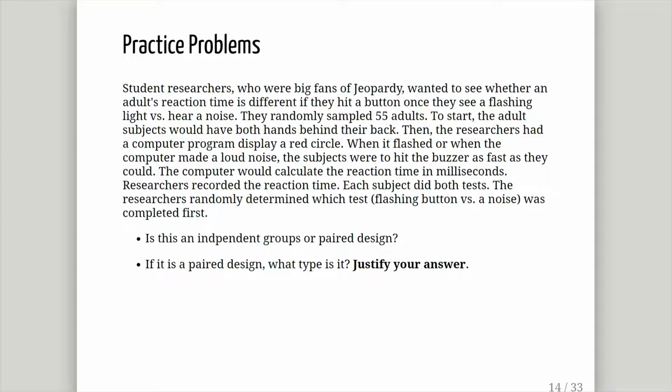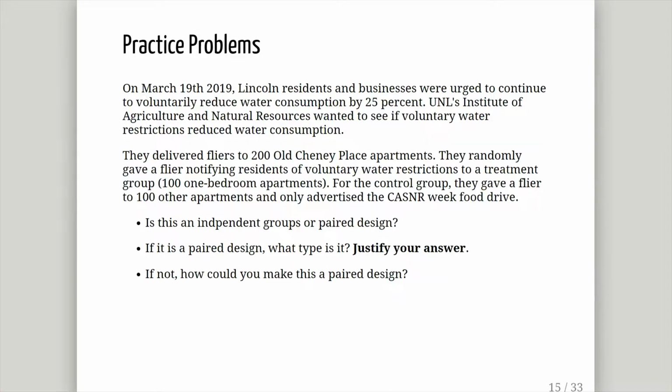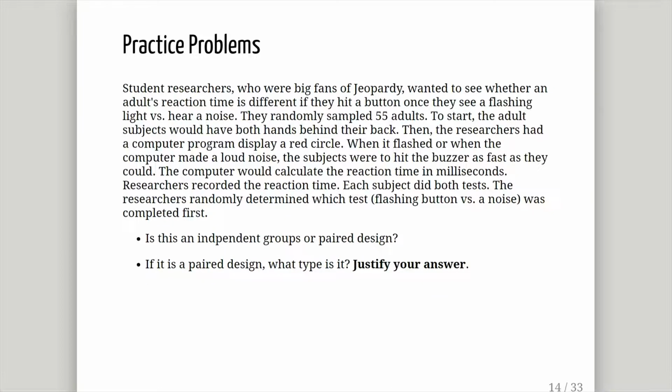Since each subject did both tests, I'll write a few notes right here.